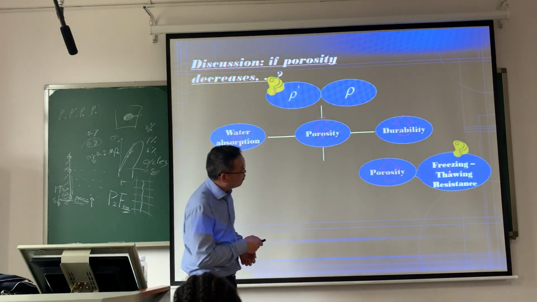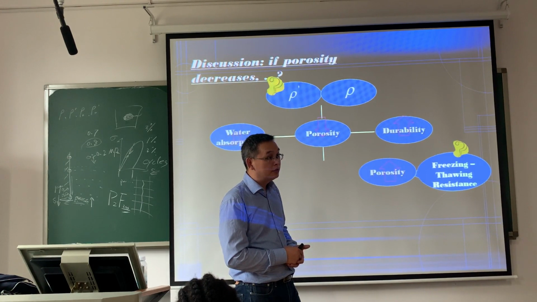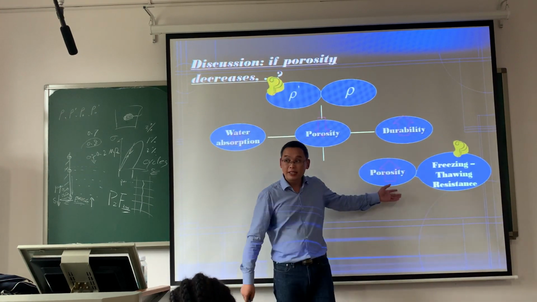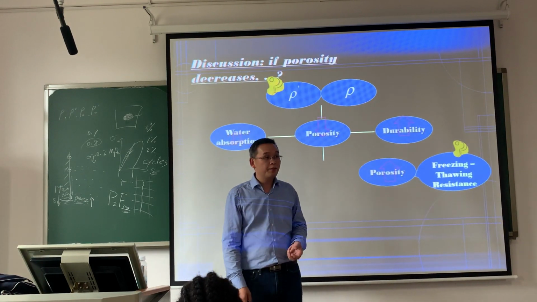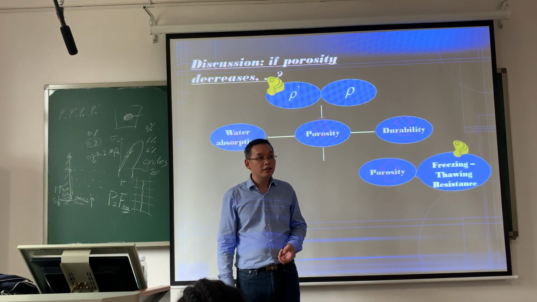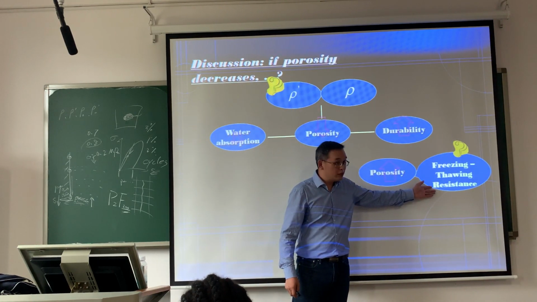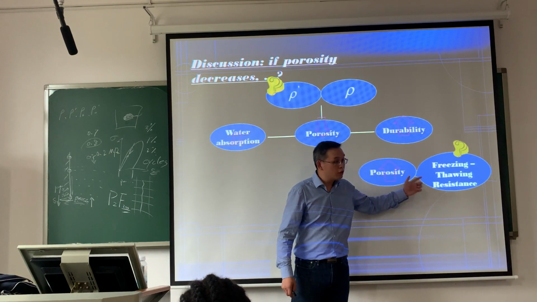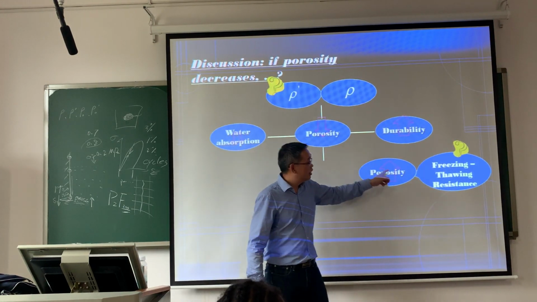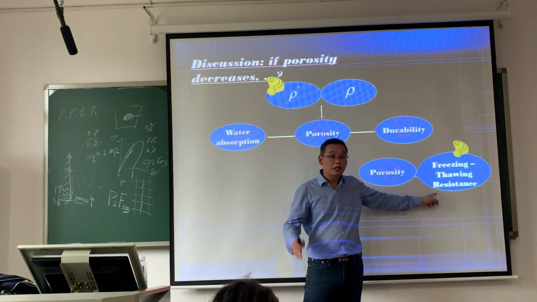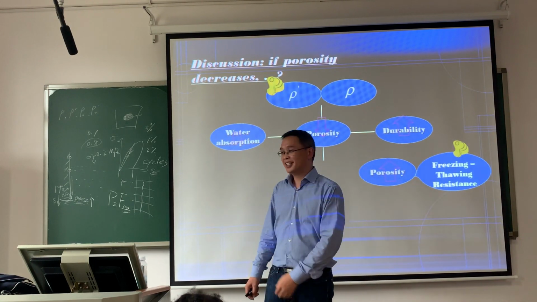How about the freezing and thawing resistance or impermeability? If the porosity decreases, does the freezing and thawing resistance increase or decrease? Increase. Why?